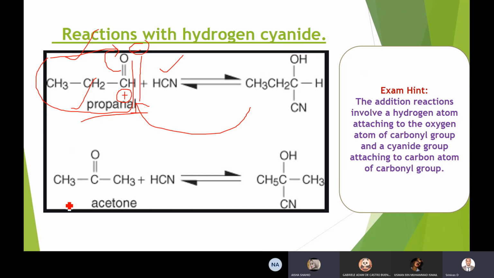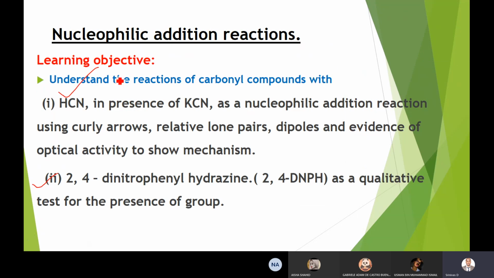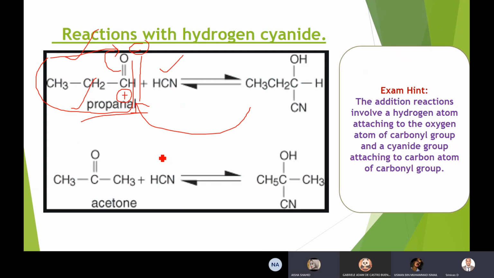Positive. So there is a positive center on this carbonyl compound by nature, because of the polarity difference between this carbon and this oxygen. So a nucleophile will attack here. Hence, our topic for today is nucleophilic addition reactions, the addition of nucleophiles to carbonyl compounds. I hope I am clear.